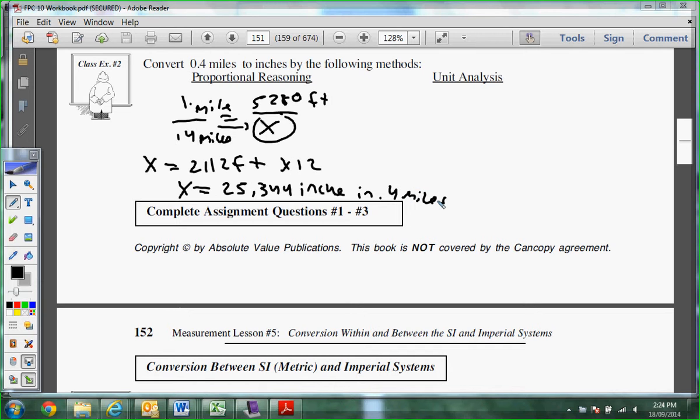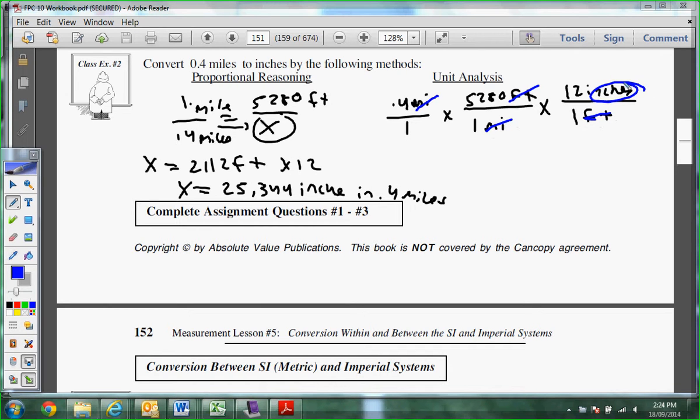Okay, unit analysis. You pretty much do the same thing, but you do it all at once. So I'm going to have 0.4 miles over 1 times 5,280 feet over 1 mile times 12 inches over 1 foot. And so what happens is, I just set up the proportion. This is the problem. So miles cancels, feet cancels.